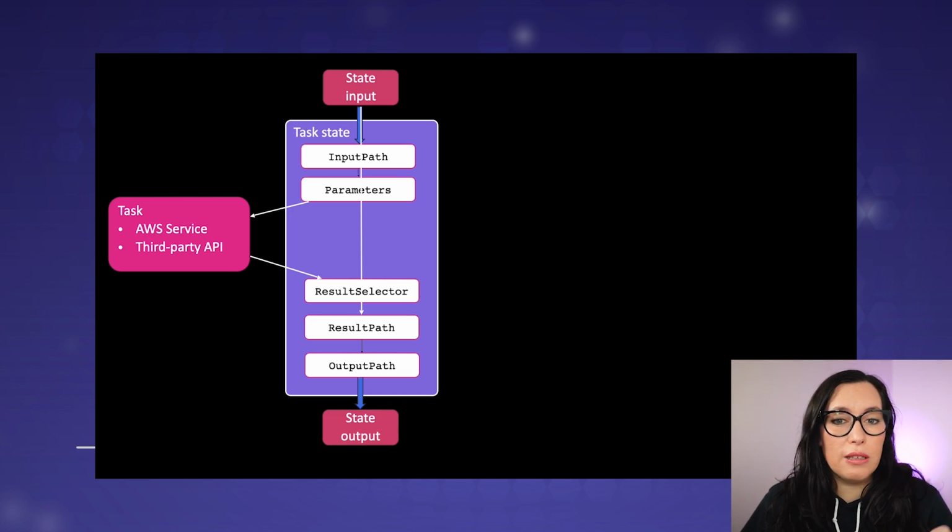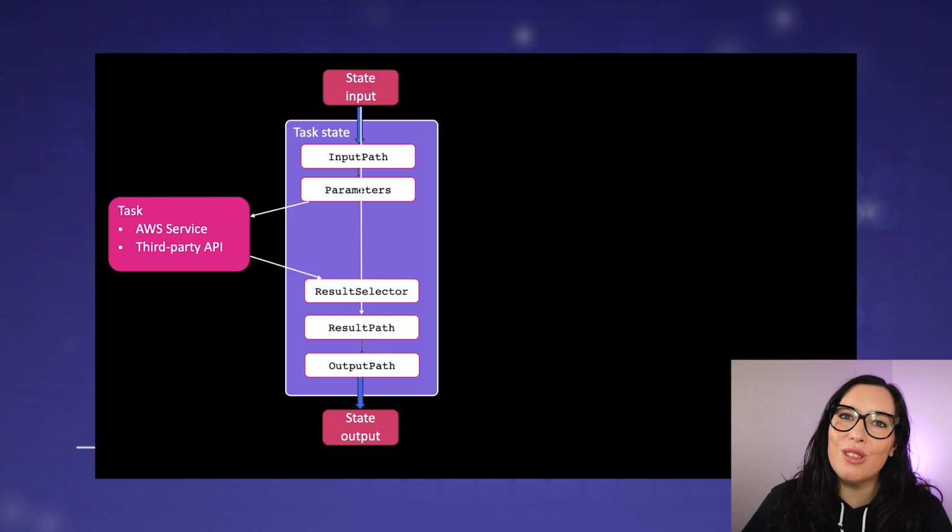The result path selects what combination of the state input and the task result you are going to pass to the output. And finally, when you are working with the output path, you can filter the JSON output that you want to move forward out of your state. That's the state output. You can manipulate it one more time. So when you're working with step functions, you don't need to touch all these fields and manipulate them all, but it's good to know what you can do in each of these fields when you need to do that, and in order not to lose the state.